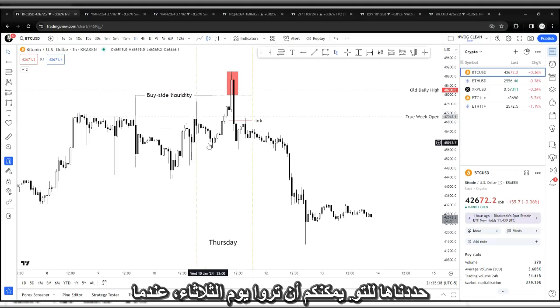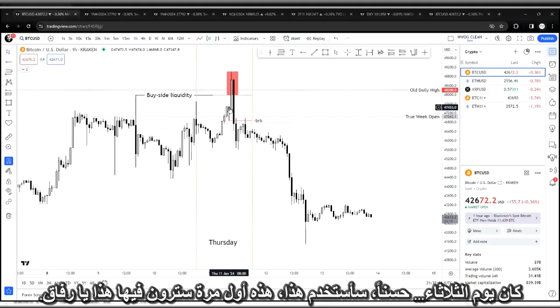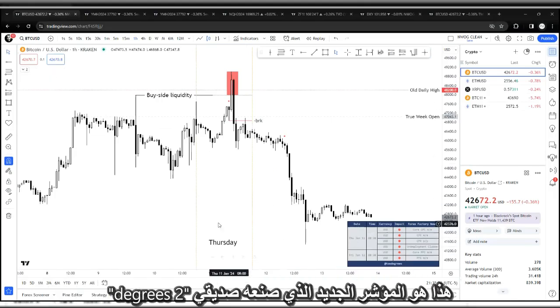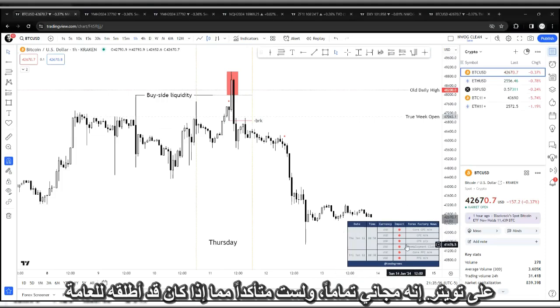So you can see Tuesday when we had, okay, I'll use this. This is the first time you guys are going to see this. This is the new indicator that my friend 2 Degrees on Twitter made. It's completely free.